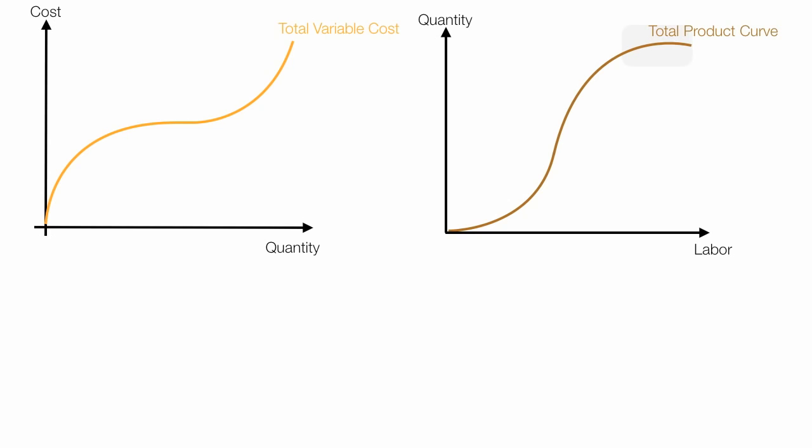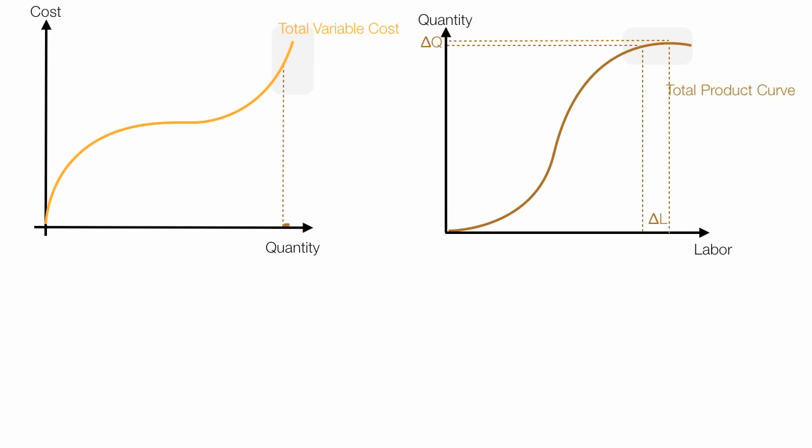But at the top of the graph there, it's the same as this area over there on the total variable cost curve. And in this case, when I add the same amount of labor as I did before, I get a very small increase in quantity. That little teeny bit right there.